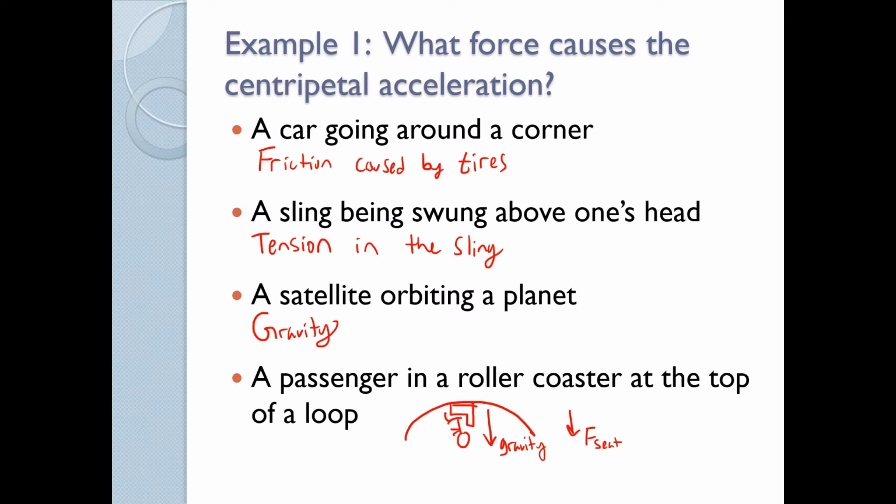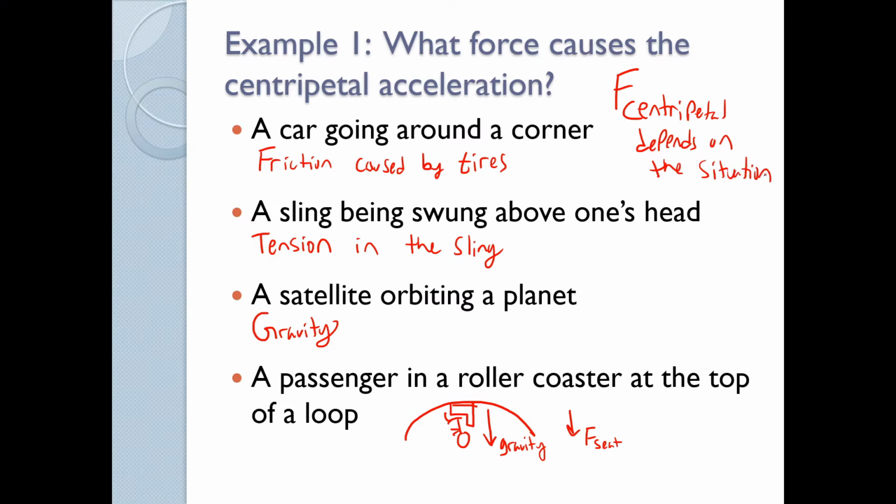Okay. So as you can see, circular motion can be caused by a number of different forces, all depending on what the context is. The centripetal force depends on the problem or on the situation.